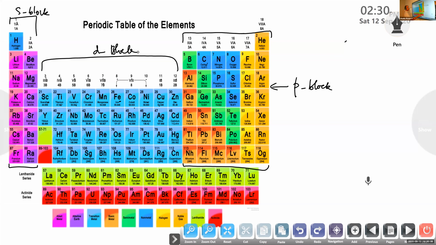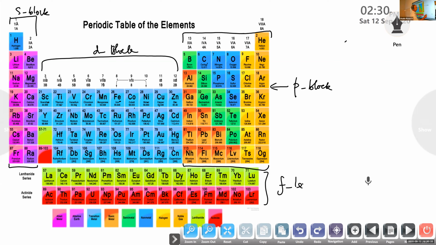Now you come to the bottom of the main table. At the bottom of the main table there are 2 rows. Each row consists of 14 elements. And in these elements, the last electron enters the F level.